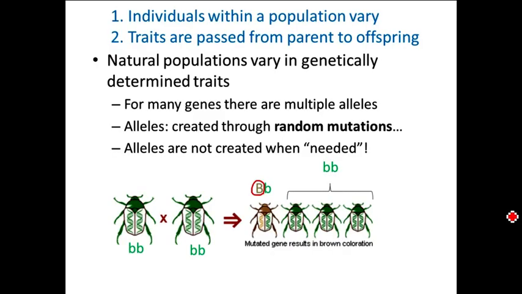So that takes care of those first two things. Individuals within a population vary, so not everybody has the same genetically determined characteristics, and traits are passed from parent to offspring. Then he also noticed that some individuals fail to survive and reproduce. Another way of saying this is that in most populations, there is an overproduction of offspring.